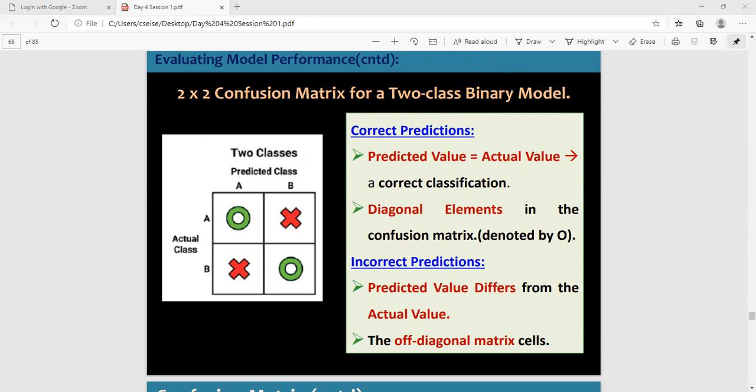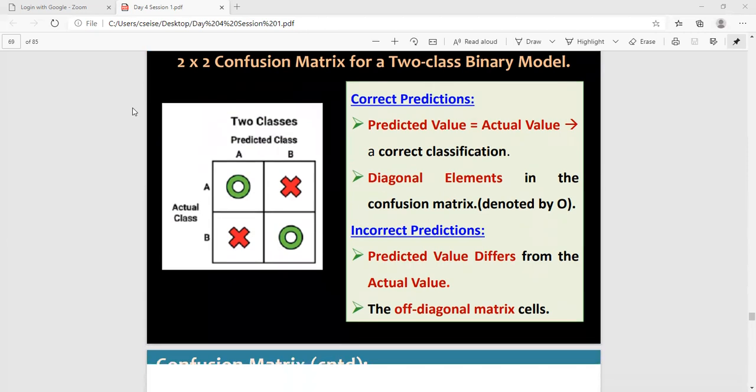If the predicted value is equal to the actual value, it is called a correct classification. If the predicted value differs from the actual value, then it is called an incorrect prediction, a misclassification, in the off-diagonal matrix cells.